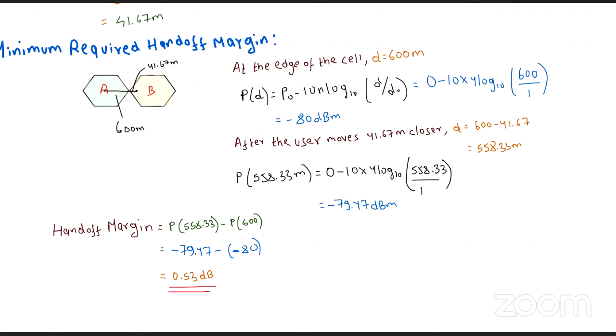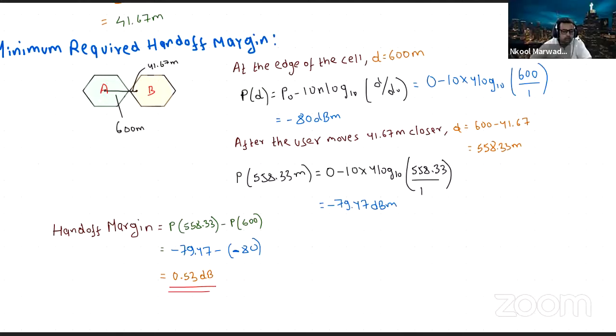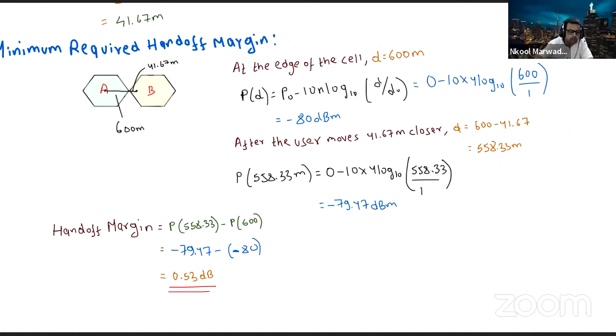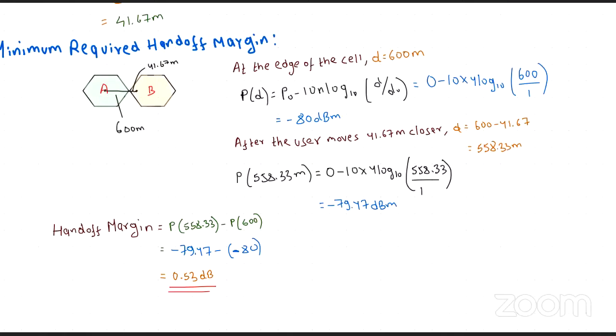So signal power at B from the base station of B, the B tower, and handoff margin will be the difference. Okay.